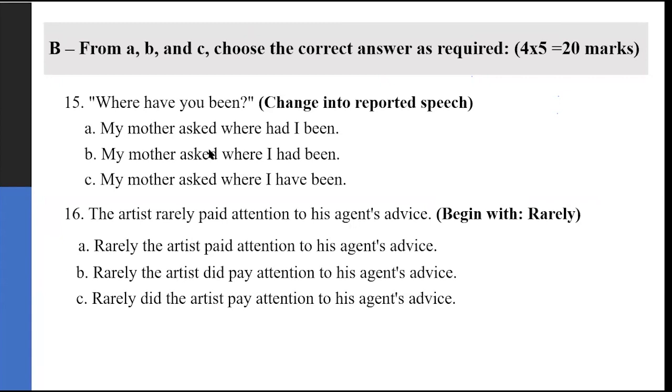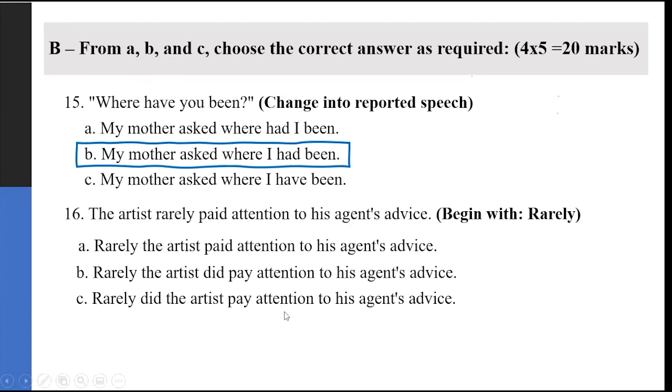Okay, yes, you are correct, because remember, I told you that when we have a reported question, the first thing that we have to put is where, and then the subject, I, and then the verb. The main verb changes to the past. Some people might put see because they forget to change the verb to the past. When we see reported speech we must change it to the past. The verb is present, so you change it to the past.